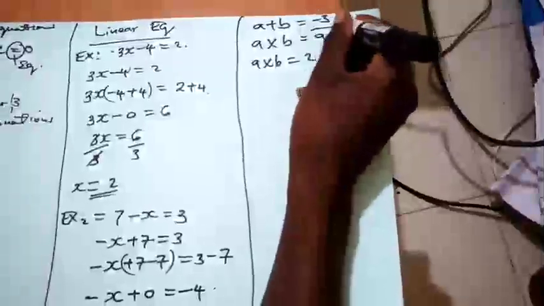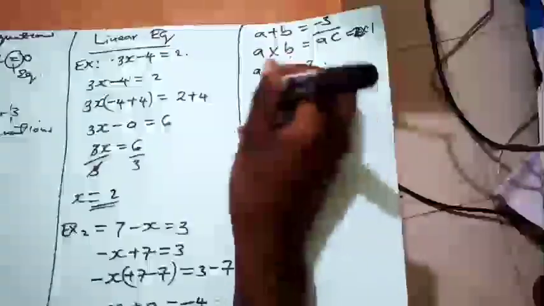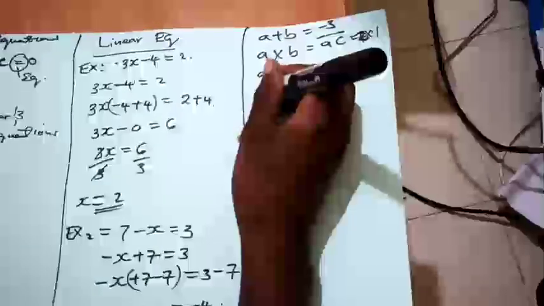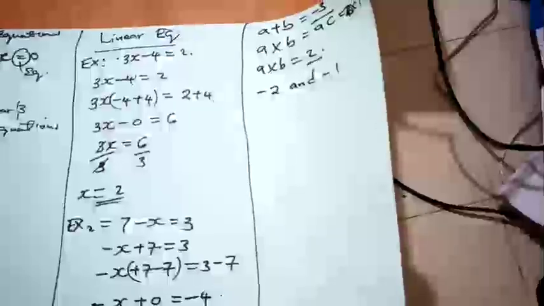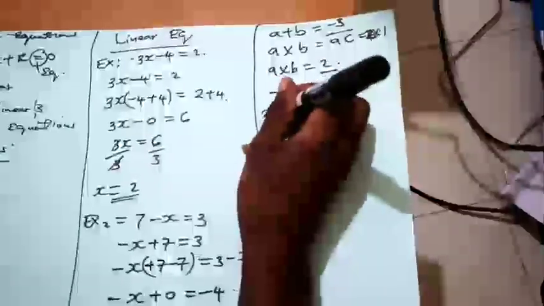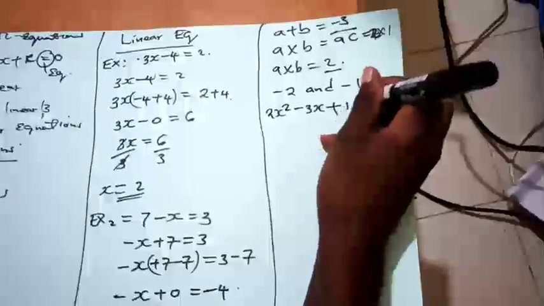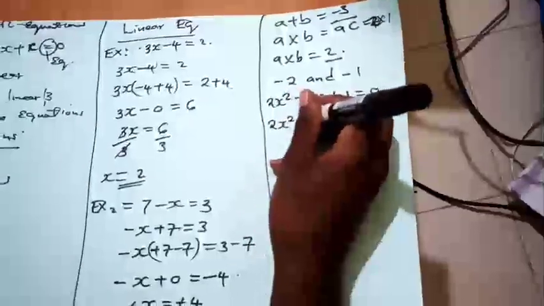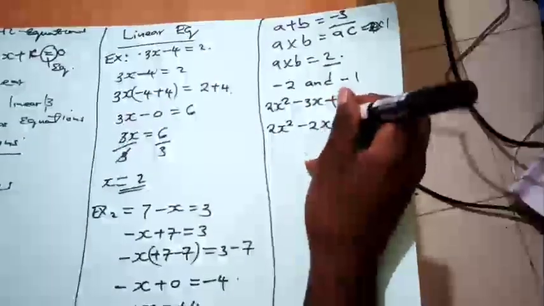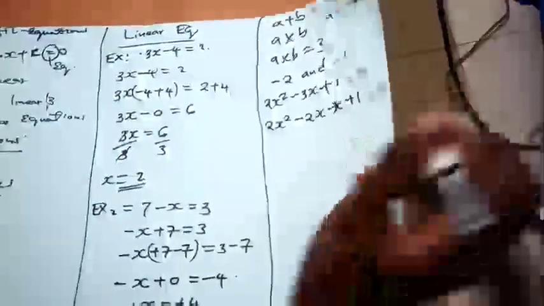We have negative 3, so we can imagine two numbers and guess, something like negative 2 and negative 1. So we can substitute for them in the equation. We have 2x squared minus 3x plus 1 equals 0. When we substitute, we are going to have 2x squared minus 2x minus x plus 1 equals 0.